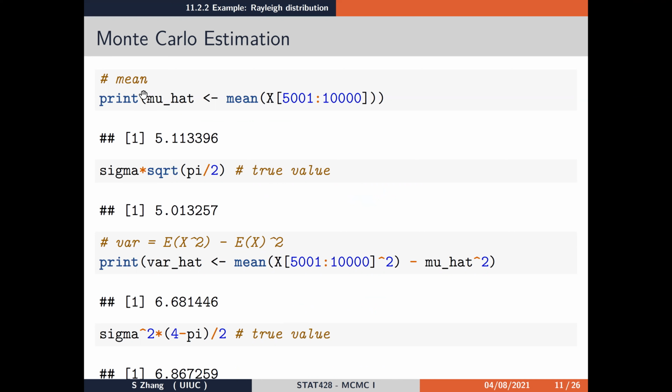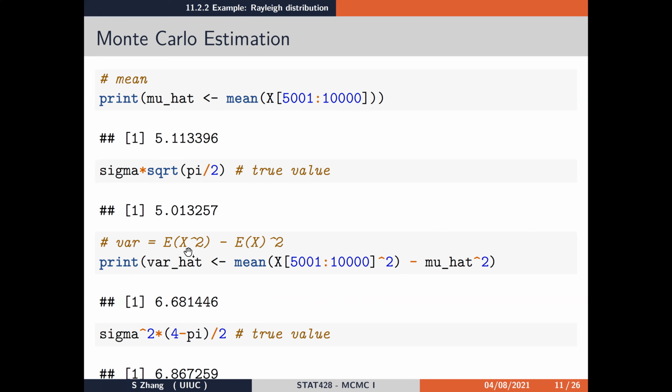This is denoted by mu hat, which is simply the mean of the x's from the 5,001st iteration all the way up to the last iteration. That gives us something around 5.11. The true value of the mean, which is sigma, 4, times the square root of pi divided by 2, is equal to 5.01. So you can see that they are not too far away.